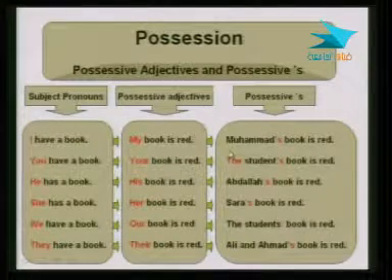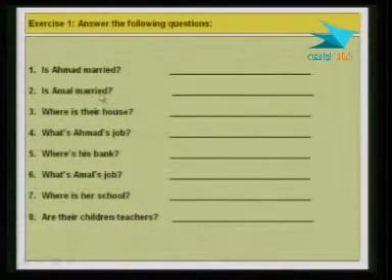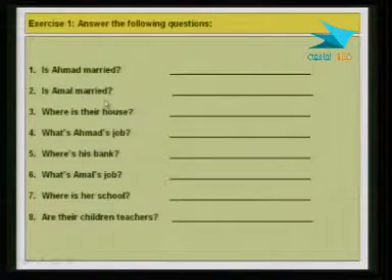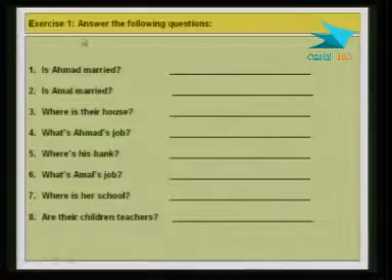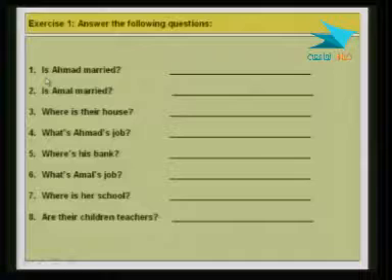All right. Let me move on to an exercise here, because as I said earlier, it's very important to practice. It's very important that we practice the rules that we study. Exercise 1 says, answer the following questions. Look at the question here. Is Ahmed married?